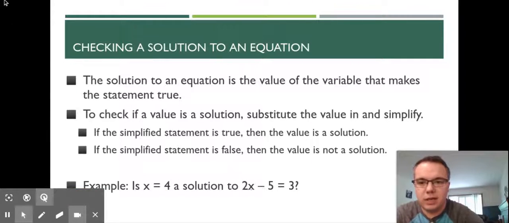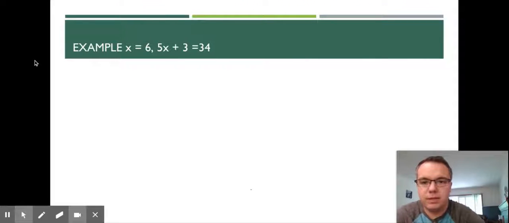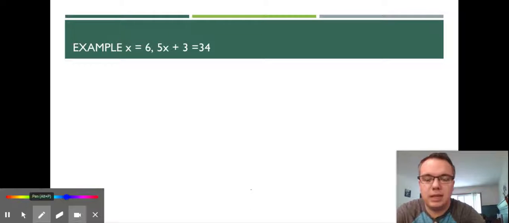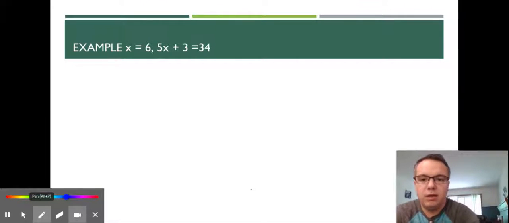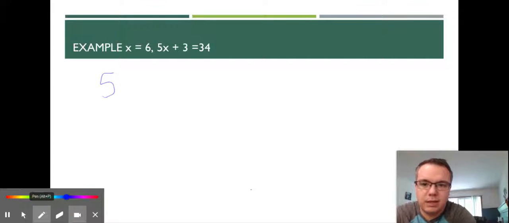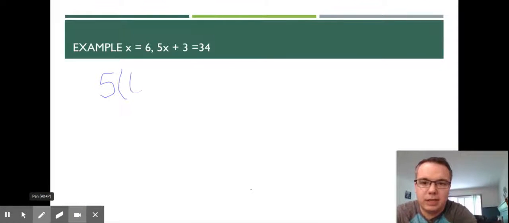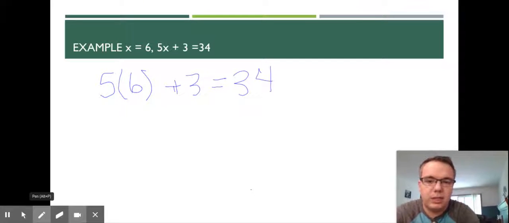So the next few slides are just more examples. Our first example up is: is x equals 6 a solution to 5x plus 3 equals 34? Well, to find out, in our equation we're going to replace our x with our value, which is 6. So we're going to have 5 times 6 plus 3 is equal to 34. So now we just have to simplify the left side and see if it's true.